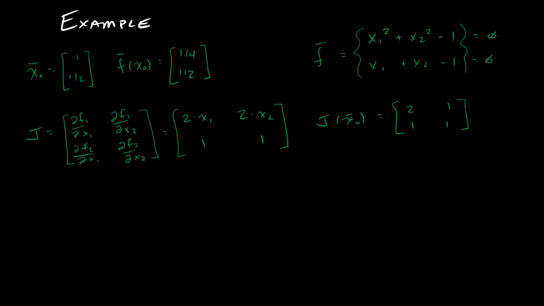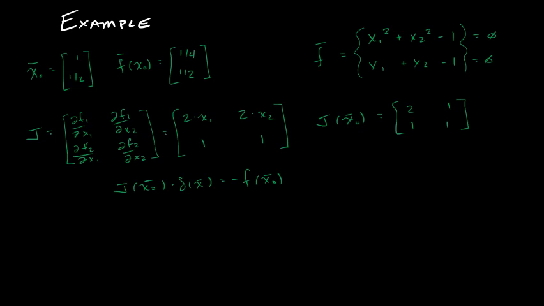And again, if you recall the equation that we need to solve here, we have our Jacobian evaluated at x0 times this little delta that we made up, which is just x1 minus x0, equals the negative of our function evaluated at x0.